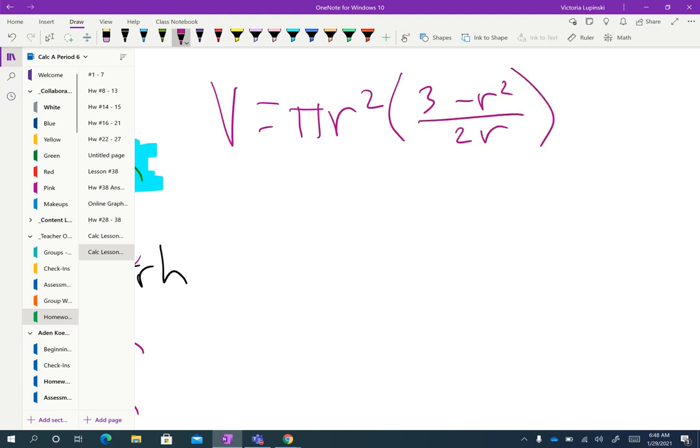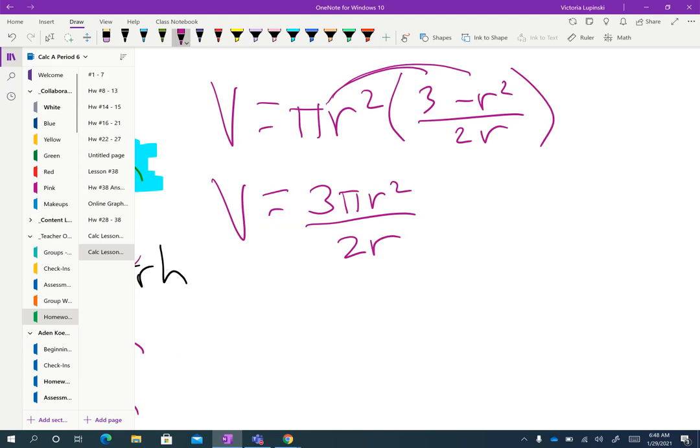Remember that we are going to ultimately have to take the derivative of this, so you want to put it in the friendliest manner possible before you do that. So I am going to both distribute that pi r squared and also break it up into two different terms. That's going to give me 3 pi r squared over 2r, minus pi r to the fourth over 2r.